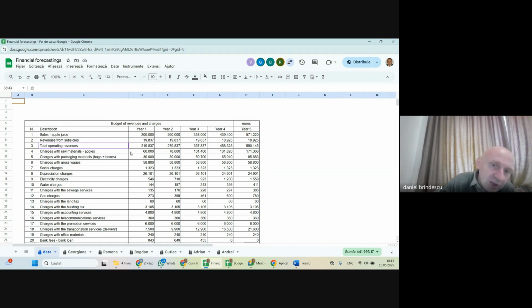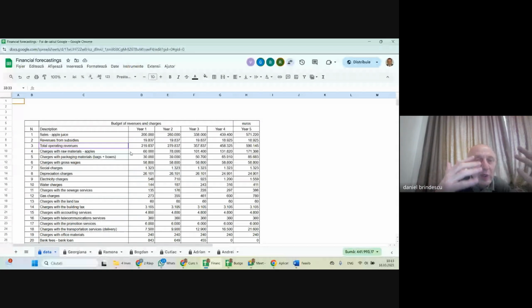So the budget of revenue and charges, of course, contains, as the name says, revenues and charges, and calculates the result, a profit or a loss. Whereas the cash flow statement contains cash inflows and cash outflows. So cash collections and, on the other hand, payments.